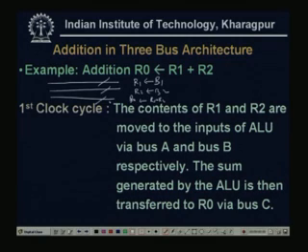So, in the same clock cycle, the contents of R1 and R2 are moved to the inputs of the ALU via bus A and bus B respectively. The sum generated by the ALU is then transferred to R0 via bus C. As 3 buses are now available, in only one single clock cycle the whole addition operation will be performed.